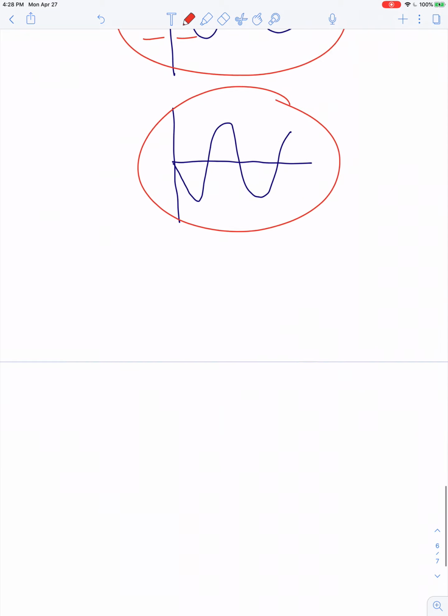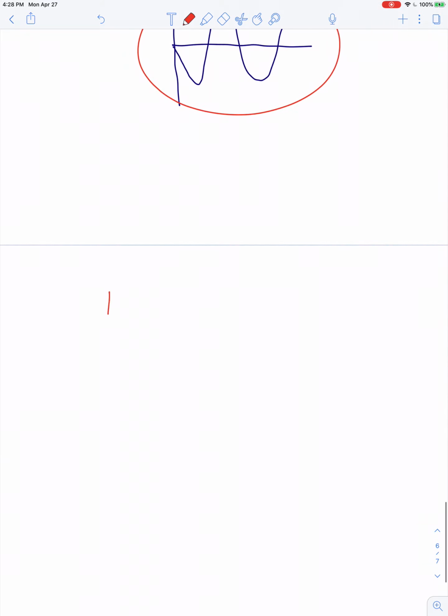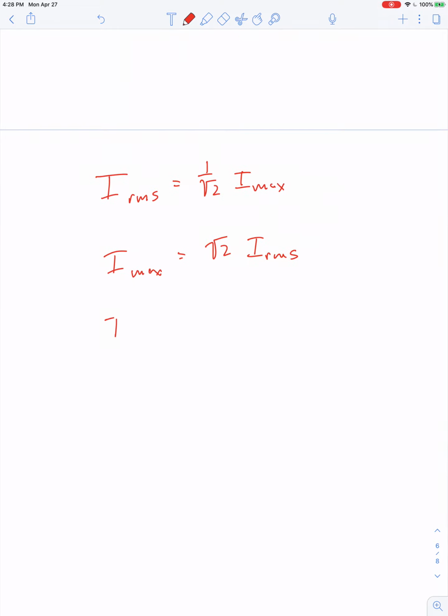Well, if we just found that I RMS is equal to 1 over rad 2 I max, then that means I maximum is equal to rad 2 times I RMS. So we can call it maximum, or we can call it the peak value. The peak value from a household outlet is the square root of 2 times 120. Grab a calculator, let's check what that is. About 170.